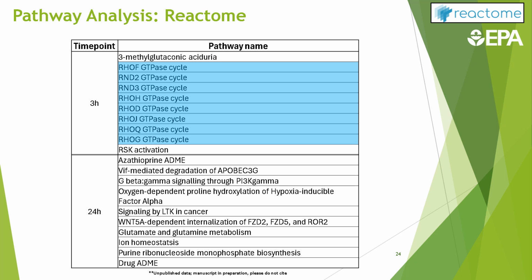Within Reactome, we also observed G-beta signaling and glutamate metabolism pathways, which could corroborate, again, impacted pathways found in IPA. So overall, we're seeing these additional tools gain further confidence in the pathways we are identifying, as well as additional functions to help build out our molecular framework.